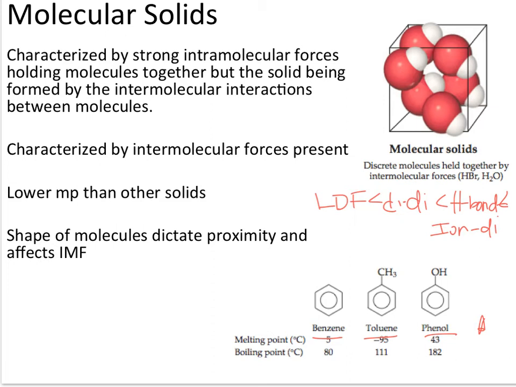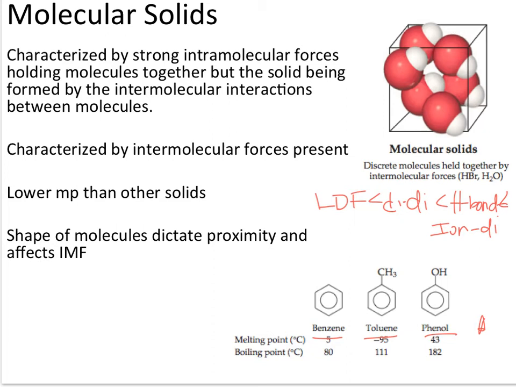Now if we look at the phenol, on the other hand, it also has a branch on its benzene ring, but in this case it's a hydroxyl, or an OH, and as we know, OH is capable of doing hydrogen bonding, so that confers a stronger intermolecular force compared to the others that are present here, and you subsequently end up with a slightly higher, or actually rather significantly higher melting point.